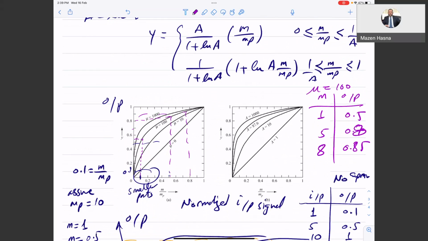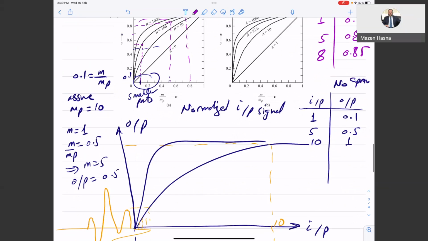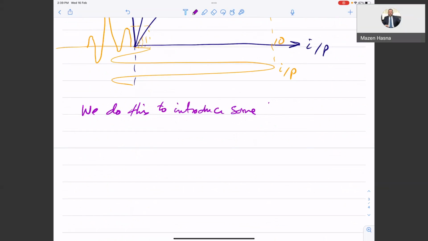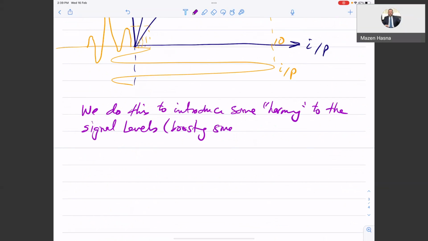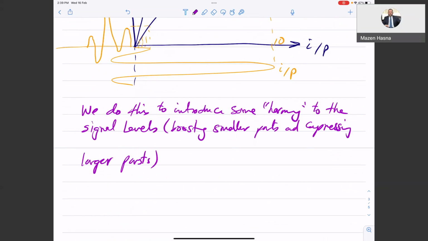I will write it down: we do this to introduce some harmony to the signal levels, maybe boosting smaller parts and compressing larger parts, to keep the SNR steady.